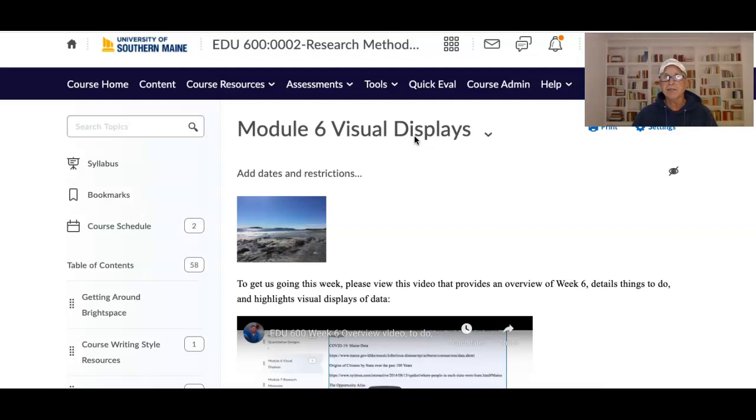Meaning, if you conduct research on COVID-19 outbreaks in each one of the states, you will probably write your report, if it's going to the general public, differently than if you were going to a bunch of your peers or experts in the field. So what we're looking at this week is how you look at data and how you visually display it so people can understand it.